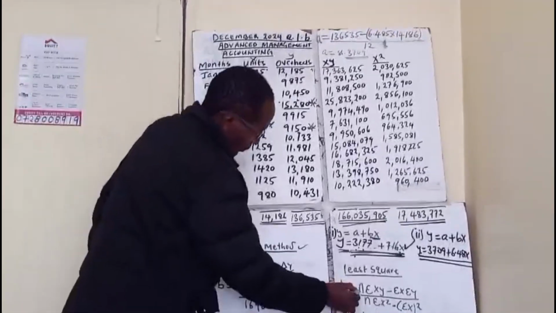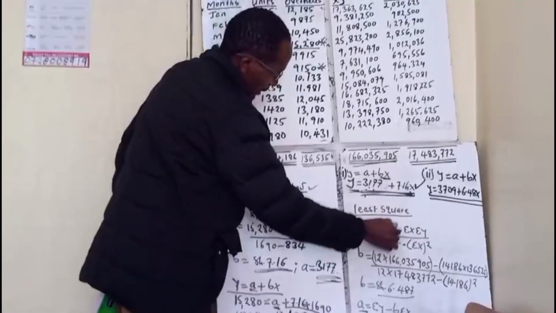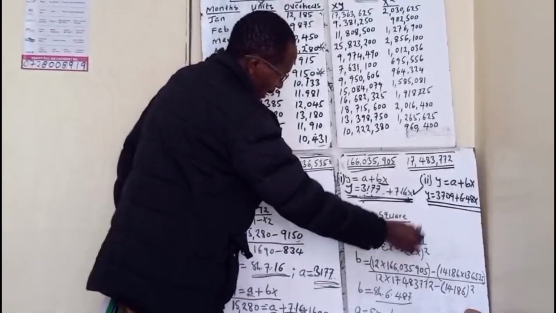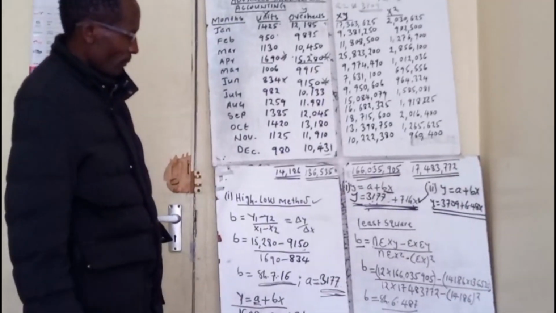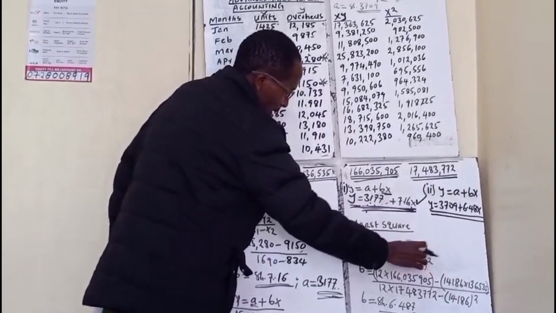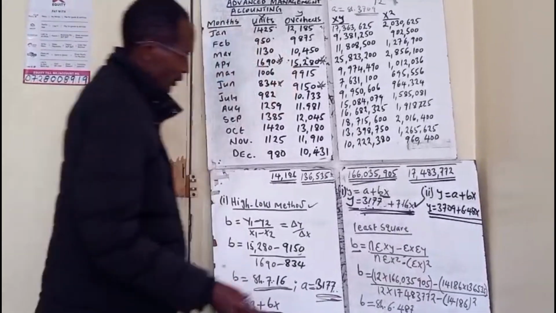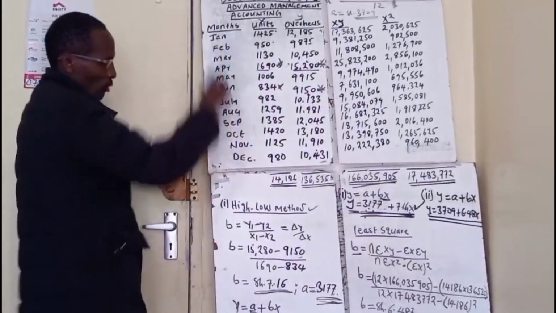Now, how do we calculate b? b is n summation xy minus summation x times summation y, over n summation x squared minus, in brackets, summation x, squared. So you substitute. N is 12, the 12 months.